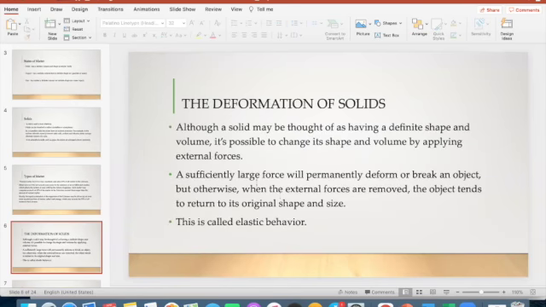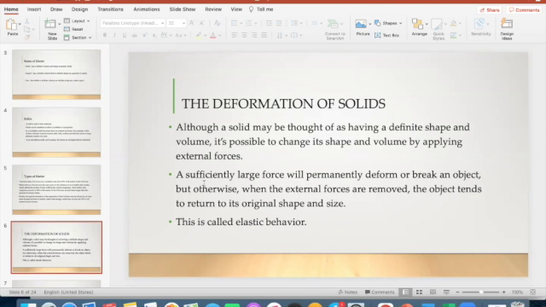So the deformation of solids, don't forget deformation means change in shape. All right, so although the solid is thought of as having a definite shape and volume, this can change, especially with external forces like collisions and things of that nature. All right, so large force can permanently deform or break an object.